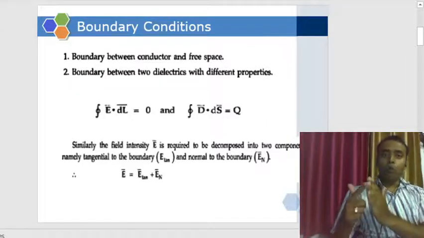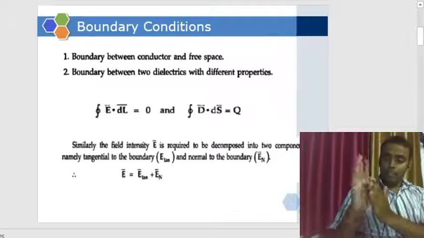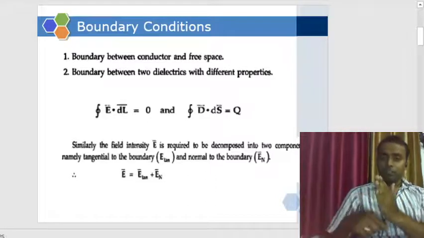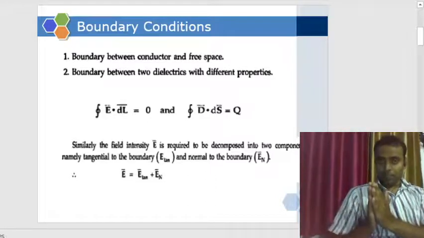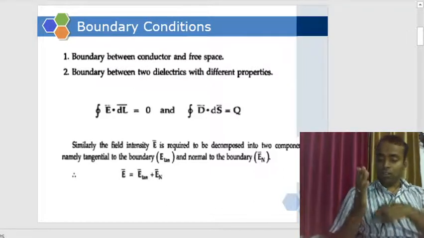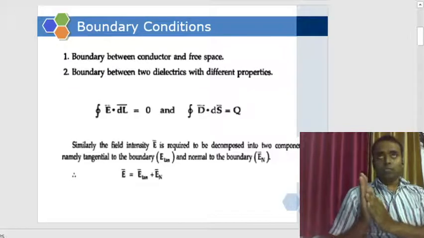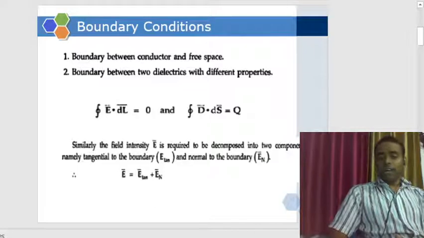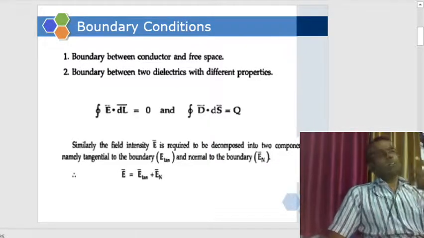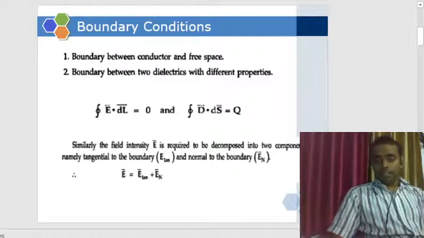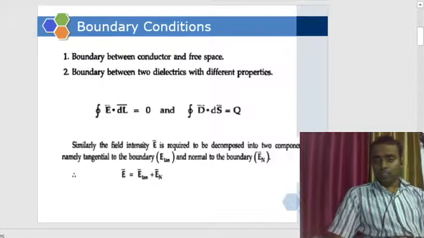That will be the boundary: the line, the plane where the properties of the conductor end, and after that another material starts. So for example, a conductor and a dielectric, say free space. Of course, air is a dielectric, and free space is also a dielectric, isn't it?